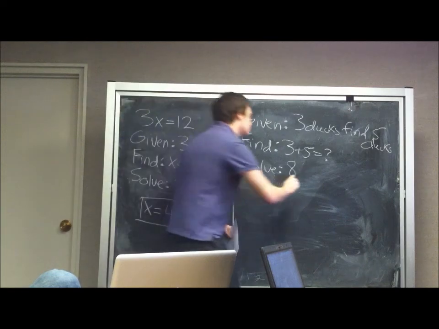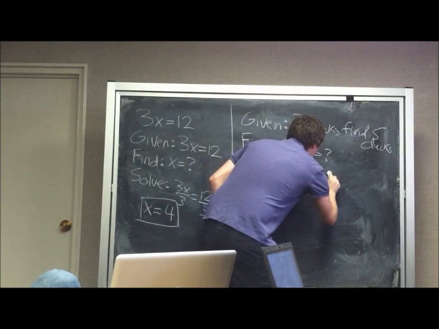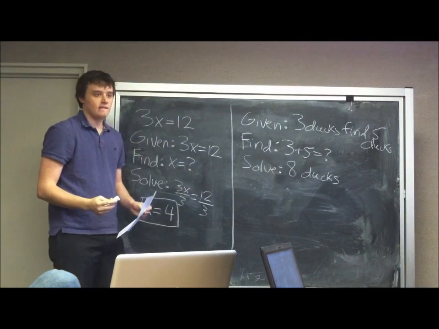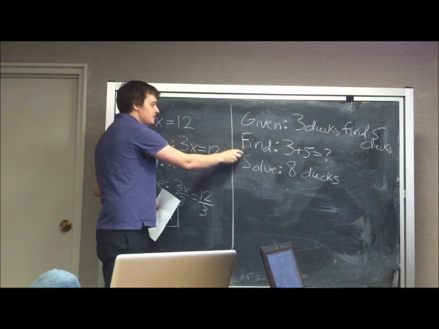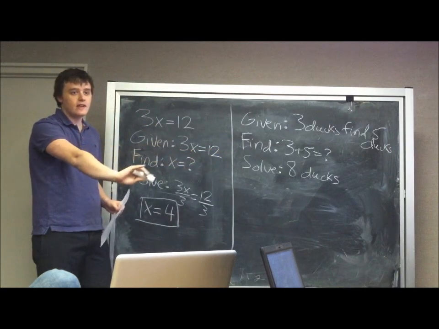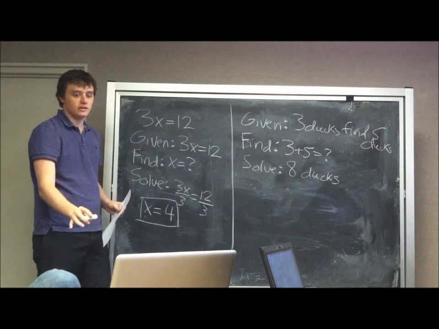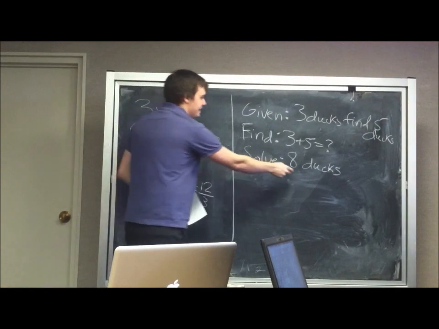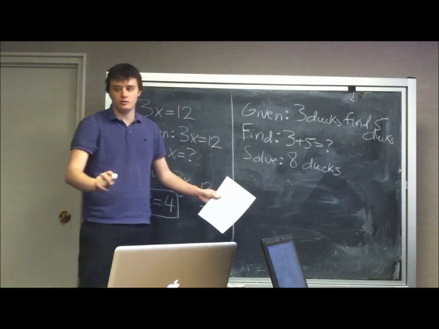Ducks. Perfect. Okay? Using these simple steps, given, find, and solve, you're going to be able to solve any word problem that you're given. Okay? So, we've solved that there are 8 ducks total swimming together.